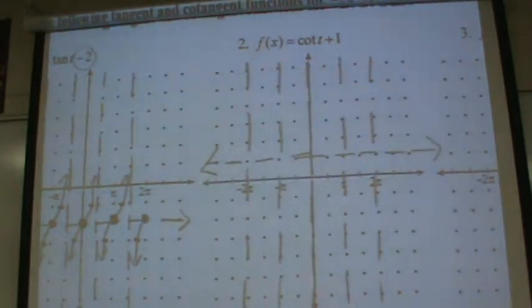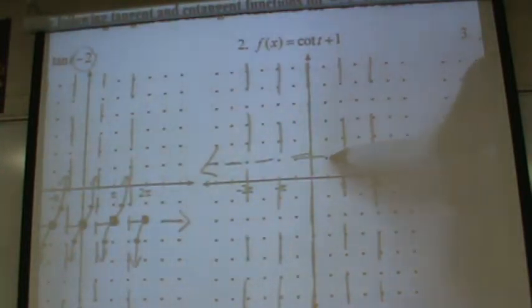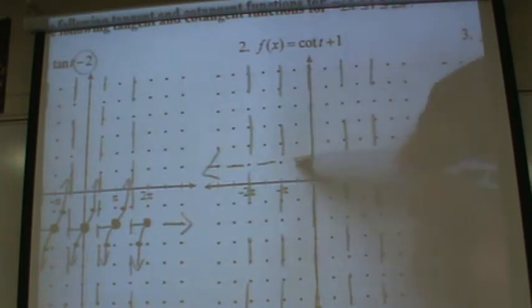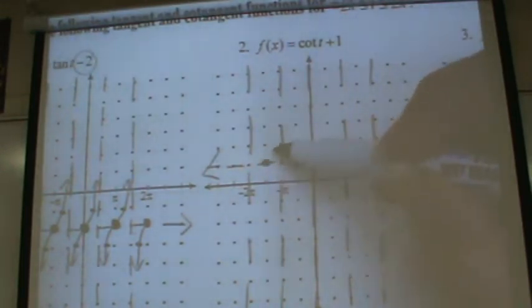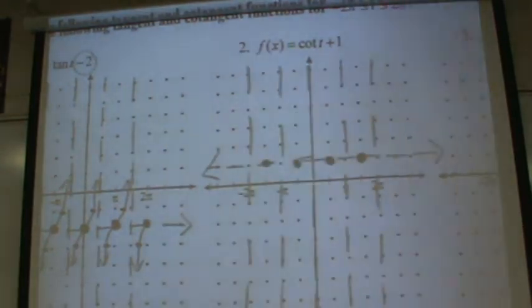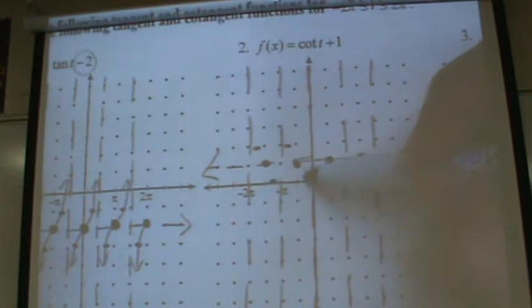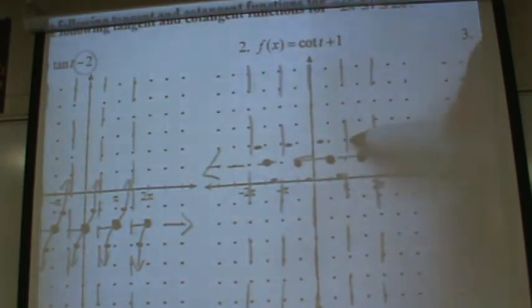Now this one, your zeros are the in-between. The zeros here are going to be at pi over 2, 3 pi over 2, because think of it as flipping all of those points for tangent. And then in between are up and down. Now, this one looks like a negative line, even though it's not a line.